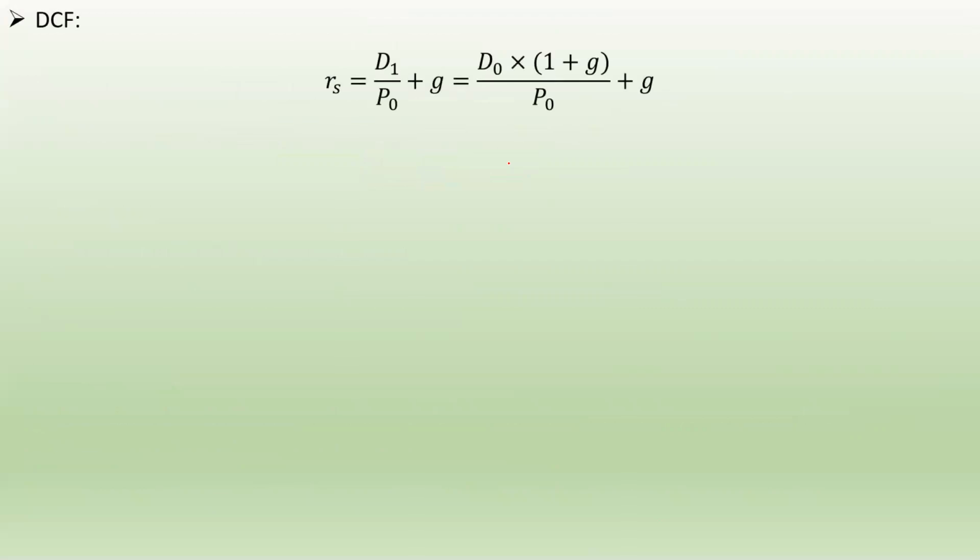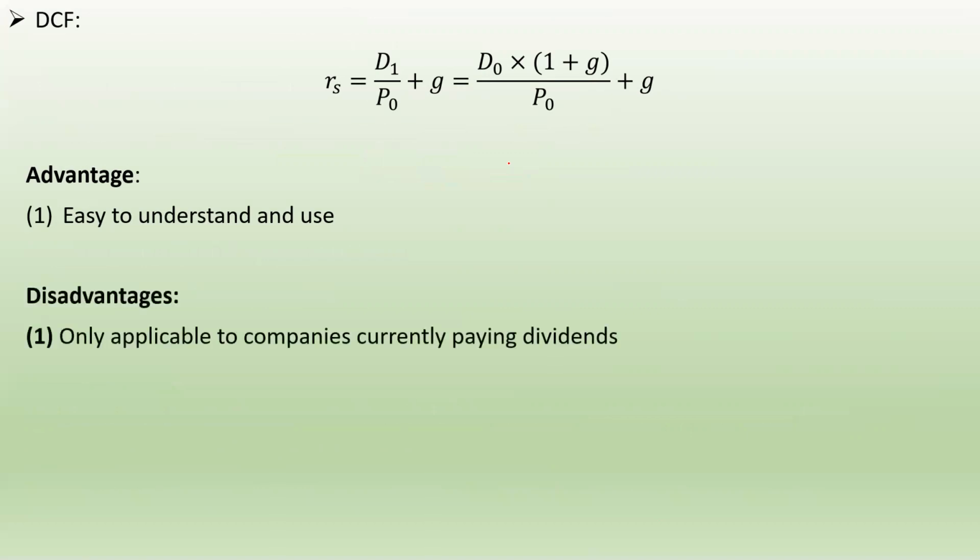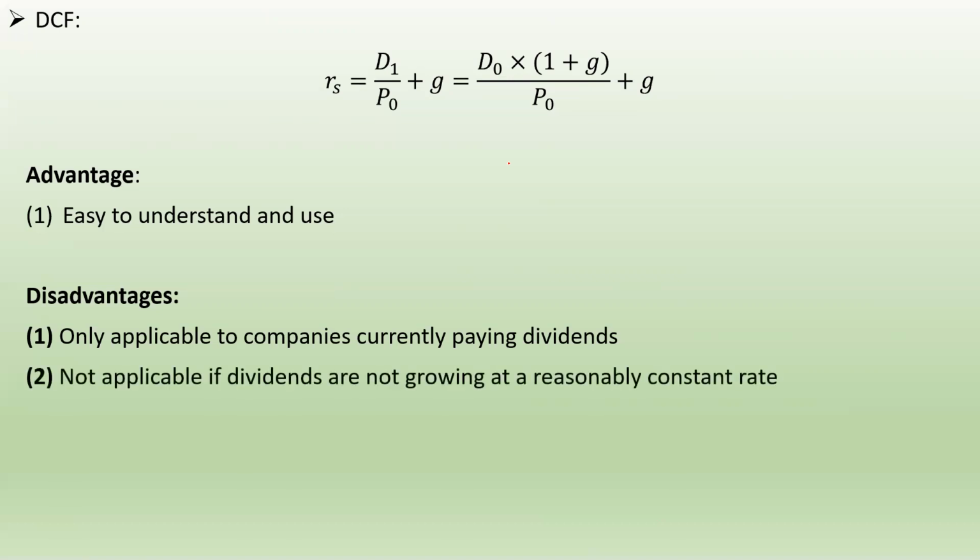The second method is DCF, which is discounted cash flow. You need to know the dividend, right? The firm has to pay the dividend. First, it's easy to understand and use, but only applicable to companies that pay dividends. If the company doesn't pay dividends, like a new company, it's hard. Second, the dividend has to grow at a relatively constant rate. Firms like new firms, growth firms, those firms' dividends increase at a varied rate, not a constant rate.